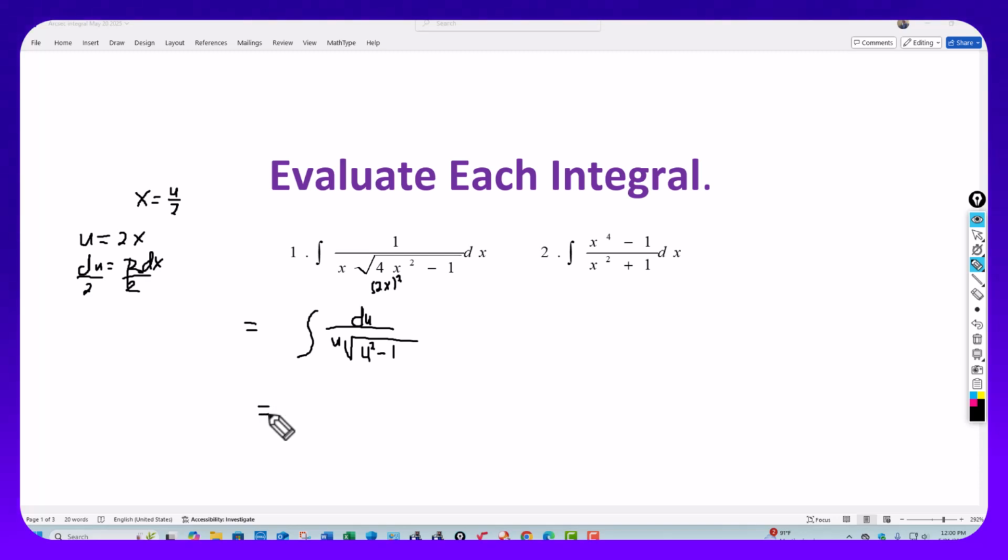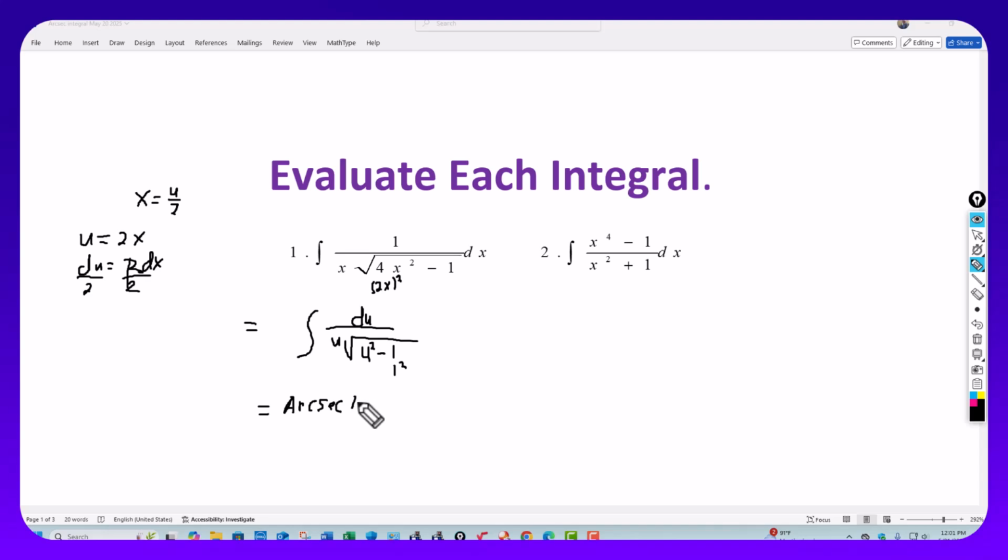So from the formula, this would be arc secant, or secant inverse if you want. And it was absolute value of u. In our case, u is 2x, and that was over a. This is like an a squared here. It's 1 squared, so the a is 1. So it's absolute value of u.